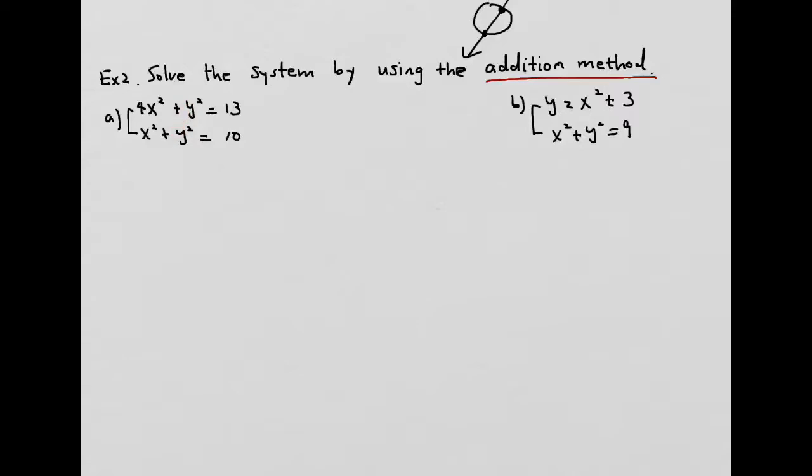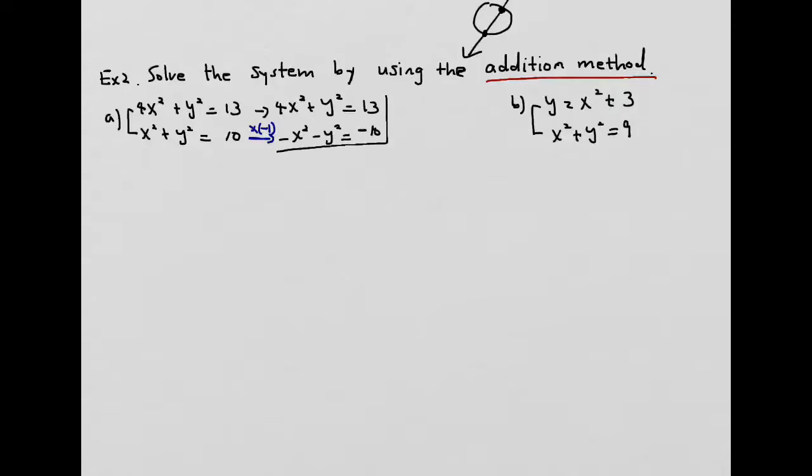So I'm going to just use the first equation as it is. But for the second one, I'm going to multiply by negative 1. Then I get negative x squared minus y squared equal to negative 10.